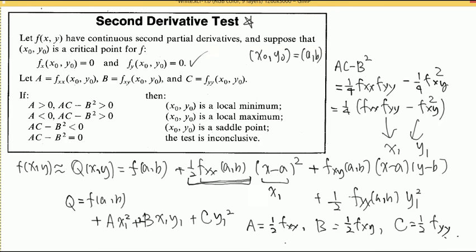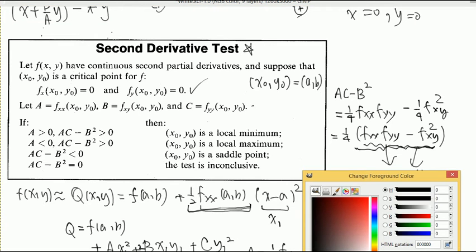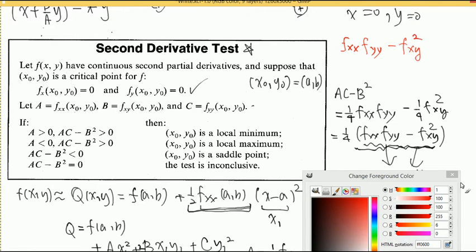So if you are looking at one critical point, and you want to know whether this quadratic part is an elliptic paraboloid or a hyperbolic paraboloid, it is determined by the sign of this quantity here, right? Let me write it down again with a different color. It's all about this quantity, f_xx f_yy minus f_xy squared.